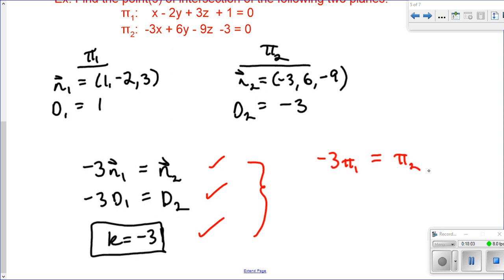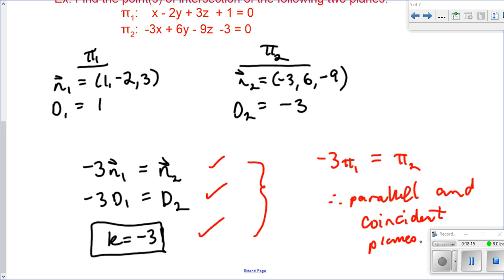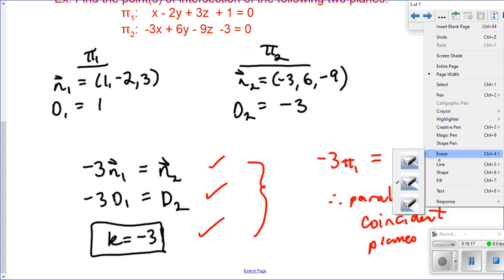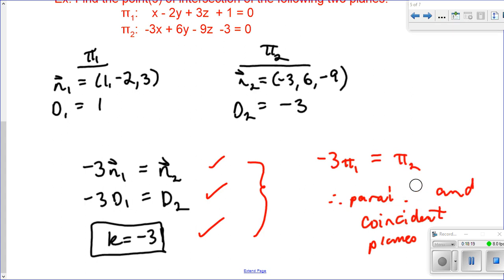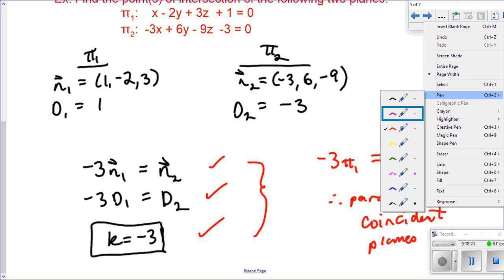That connects them, and this means that these are parallel and coincident planes. Let me clean this word up here. The word I'm looking for is parallel.